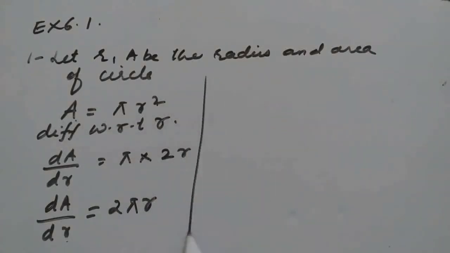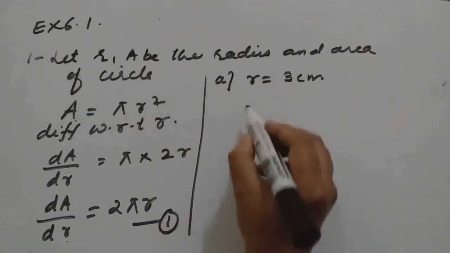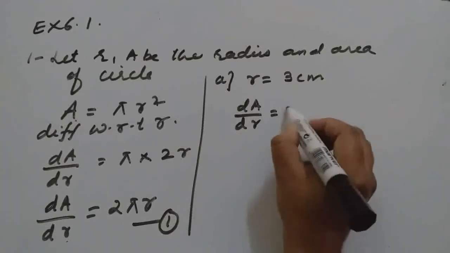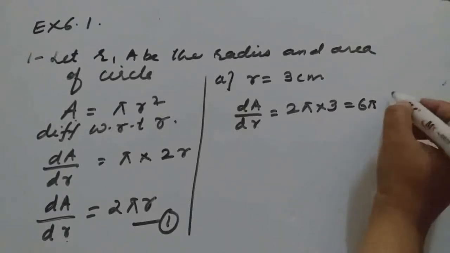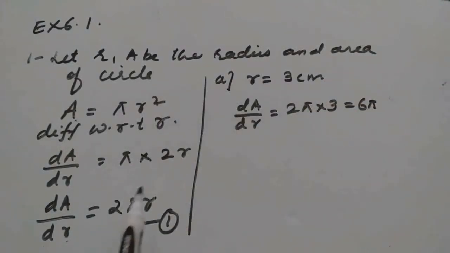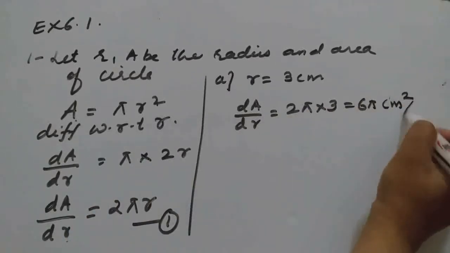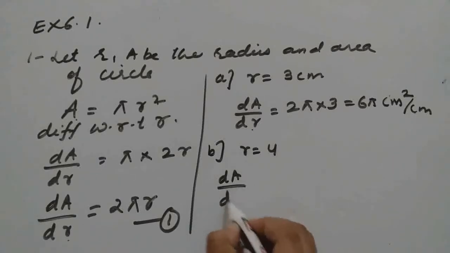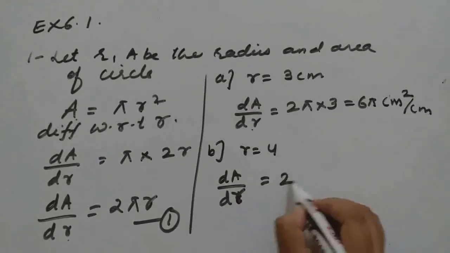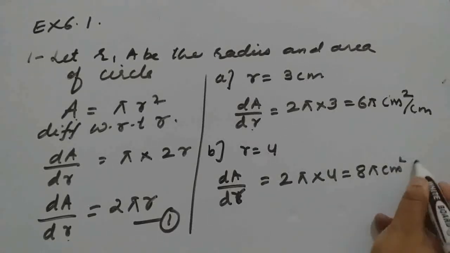When r is 3 centimeter, dA by dr is 2 pi into 3, that is 6 pi. When r equal to 4, dA by dr will be 2 pi into 4, so 8 pi centimeter square per centimeter.